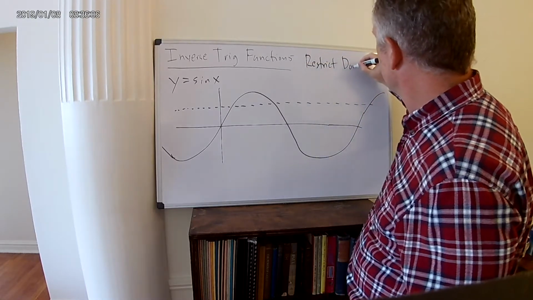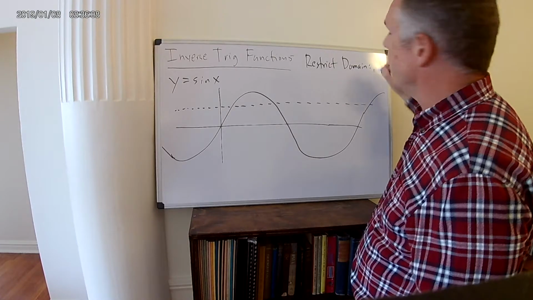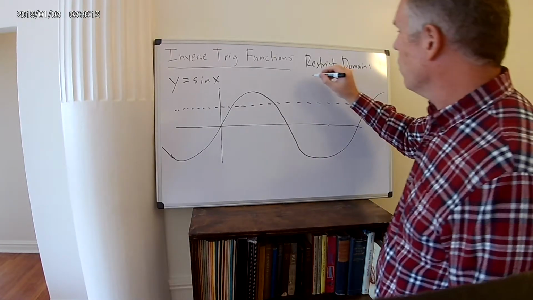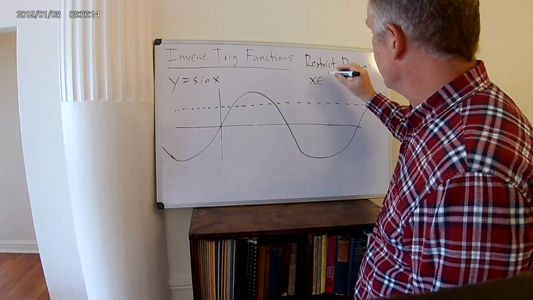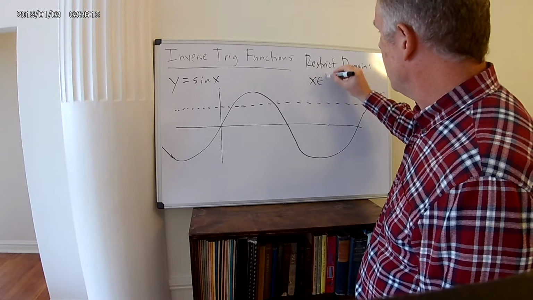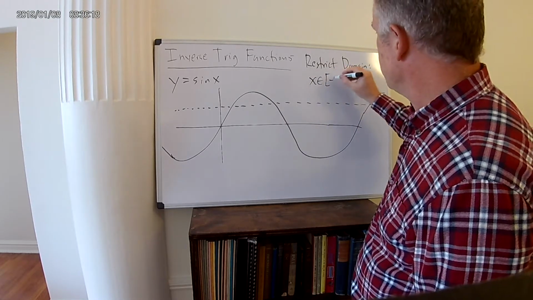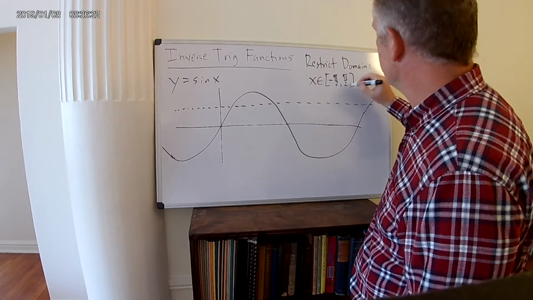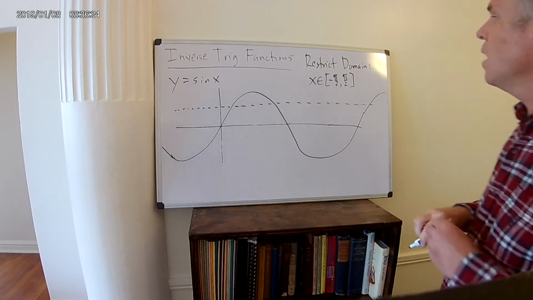Normally, sine of x has a domain from minus infinity to plus infinity. But we're going to restrict the domain such that x belongs to minus pi over 2 to pi over 2. We're going to severely restrict the domain of sine of x.